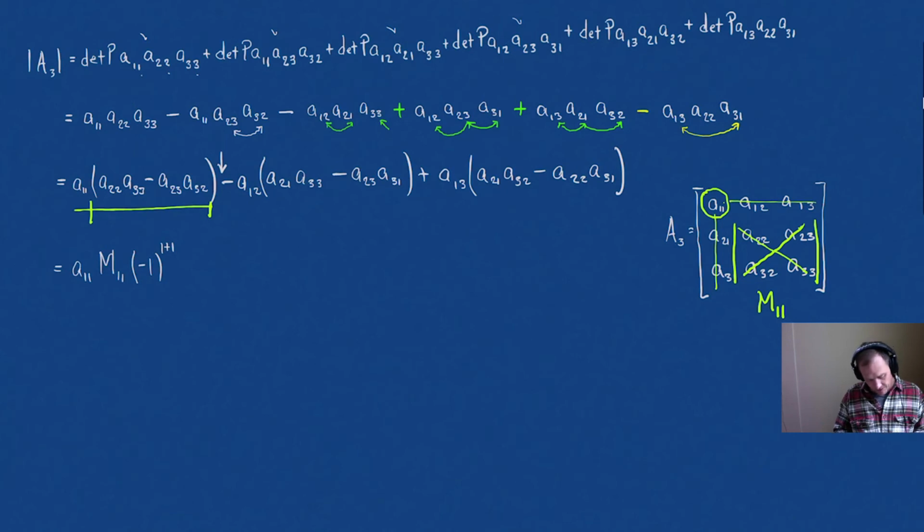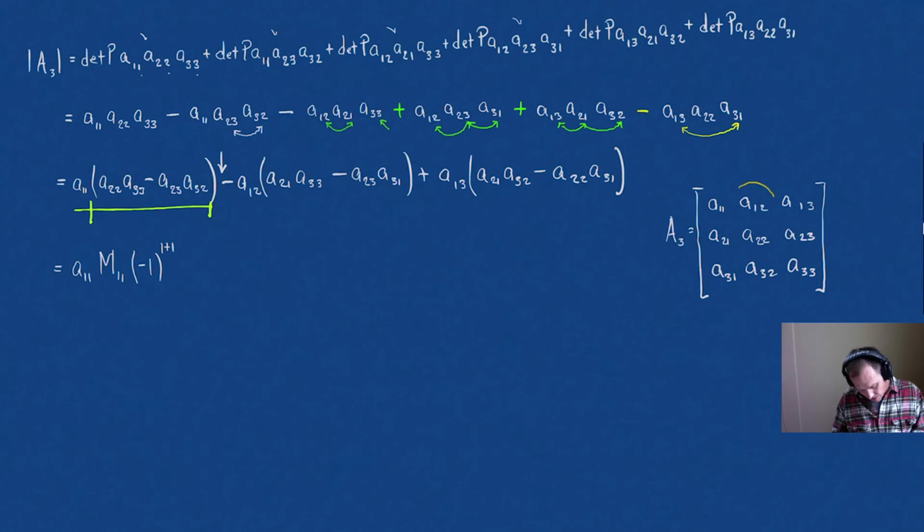Now, let's see here. I'm going to erase that, and let's try again. Let's take a look at this. So A12 is this one right here. If I follow the same pattern, the M12 says remove row 1, column 2, and then take the determinant of the resulting submatrix.